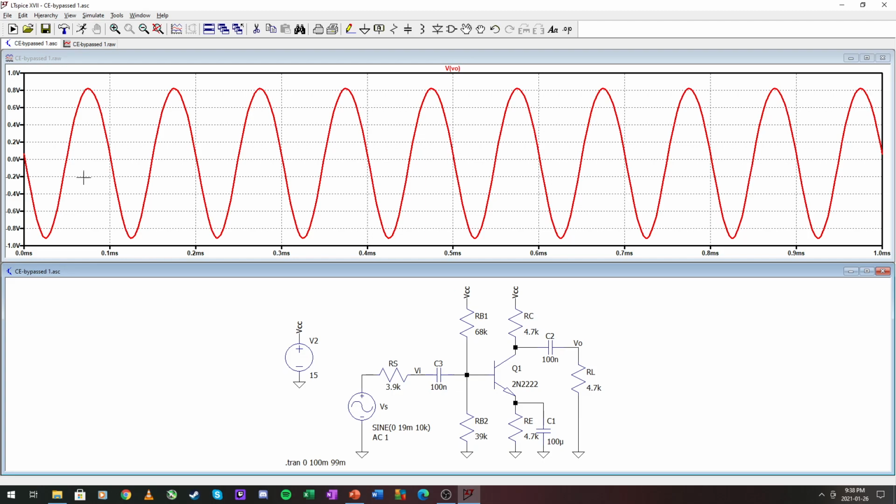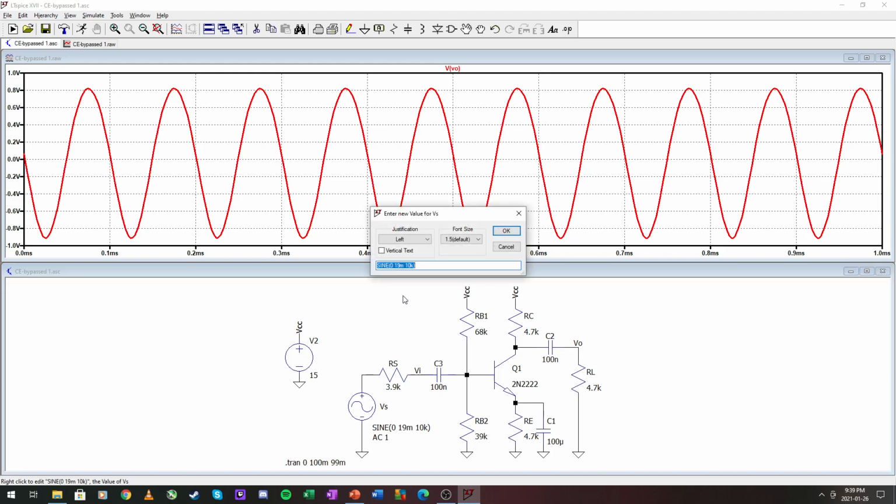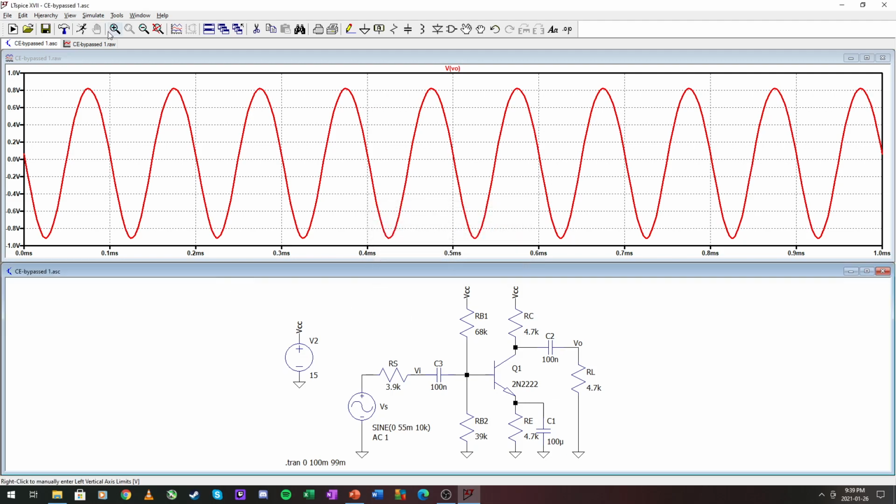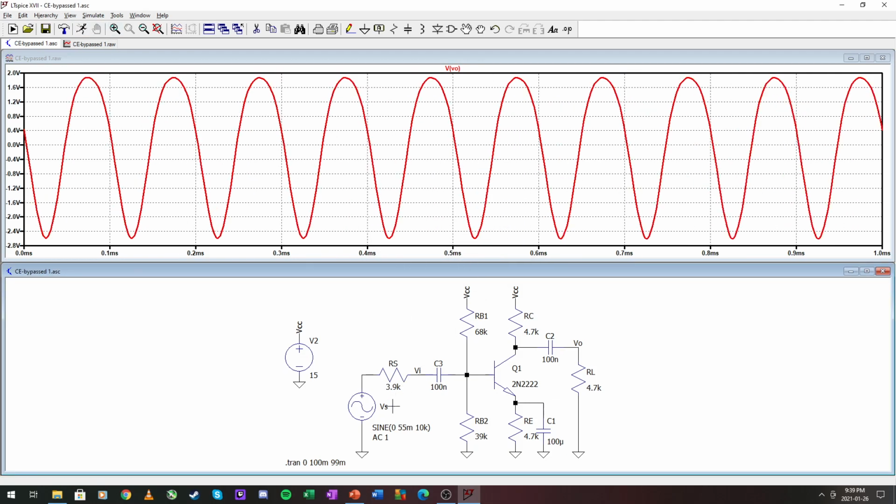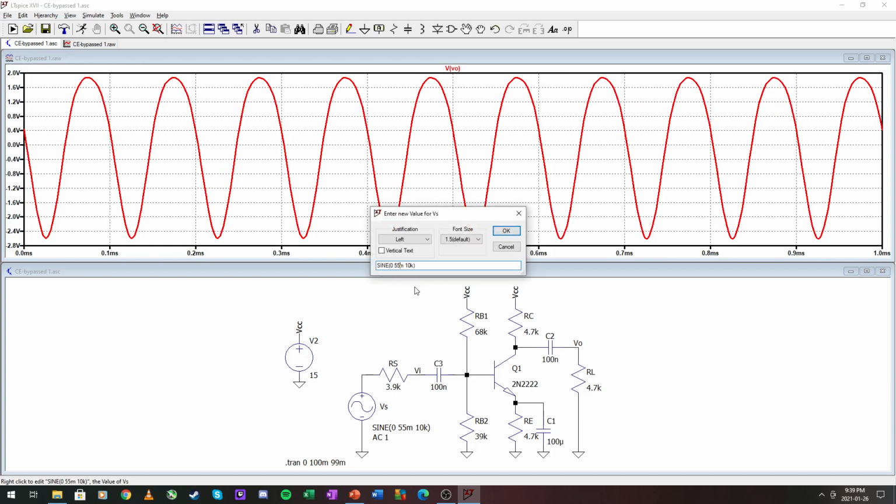Okay, so if we want our outputs to be linear, we need to take into consideration our VBE value at 10 millivolts peak. And if we're not caring about that, this can go up to 55, and it can go even more upwards from there if we don't mind the clipping and we're actually trying to drive something, and the quality of a signal doesn't really matter.